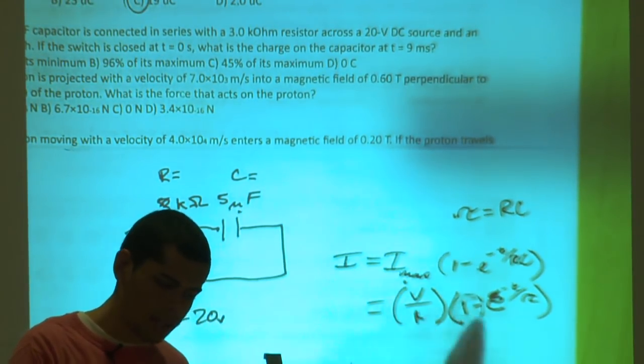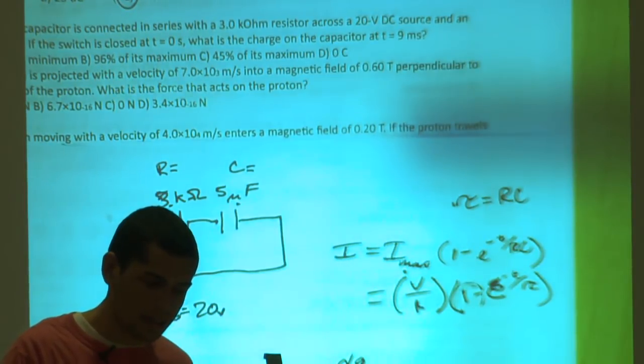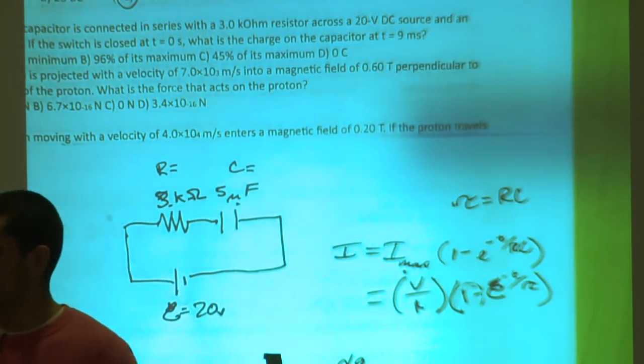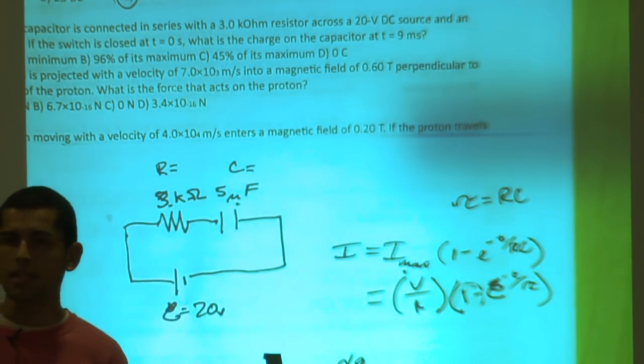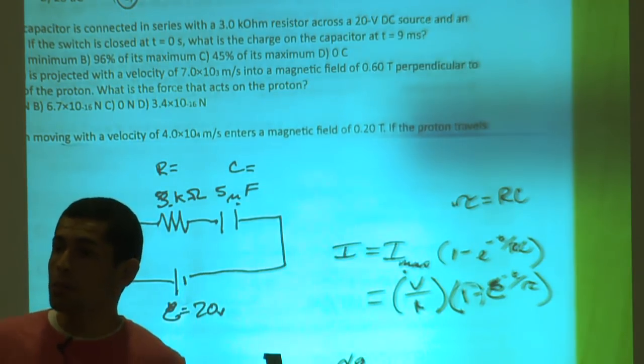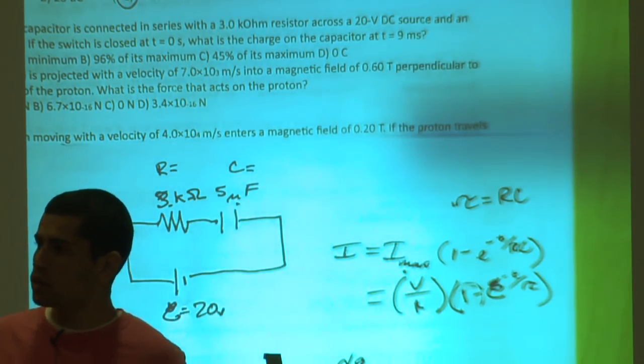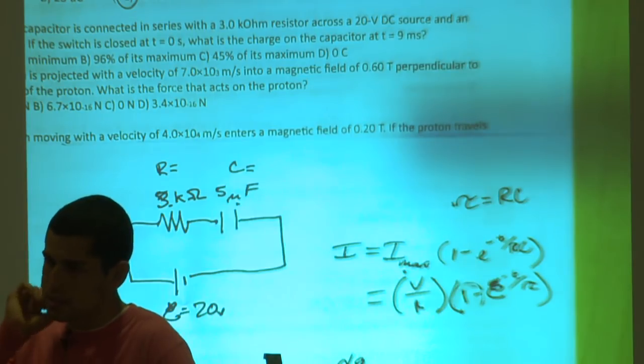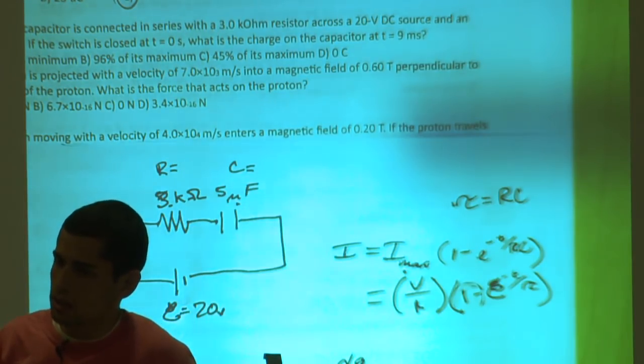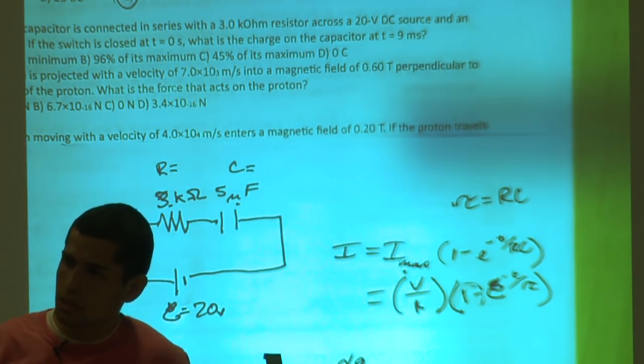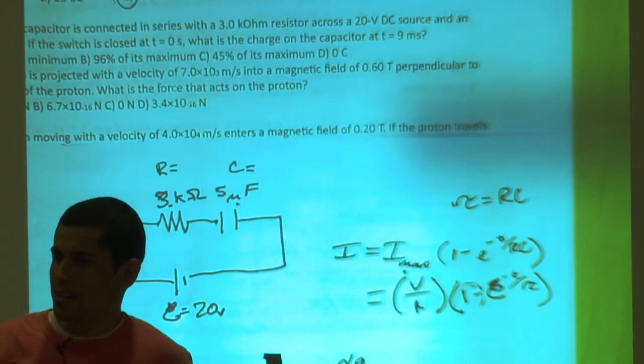But what I was saying about determining if it's 1 minus e to the negative t over tau or simply e to the negative t over tau is that as time goes on, we're accumulating charge on the capacitor, not losing charge, right? Question? As t increases, you're approaching e to the negative infinity, which is 0. Awesome.